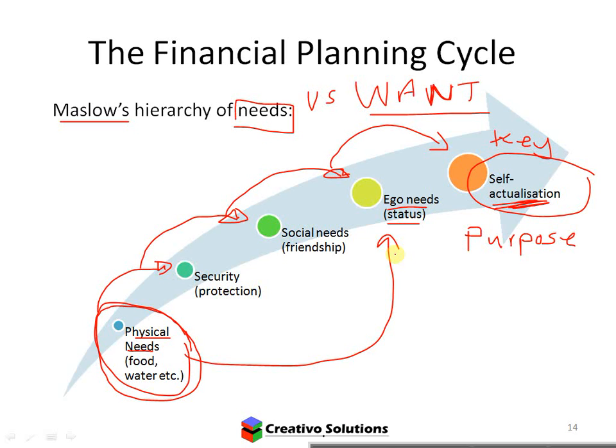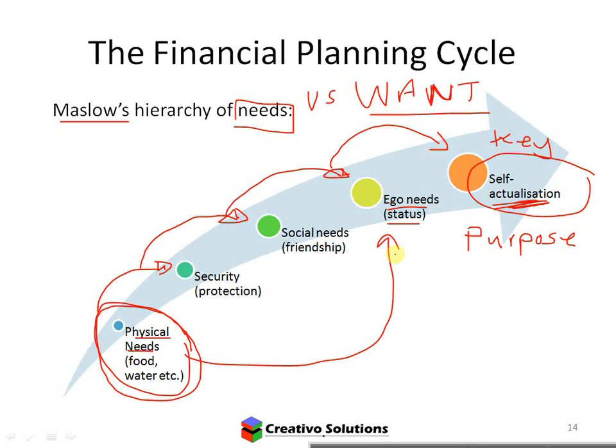Those individuals aren't going to be impacting their ego, because no one wants to stand at the traffic lights. But you would stand at the traffic lights if you were hungry and starving and didn't have anything to eat. So there's the difference between needs and wants.